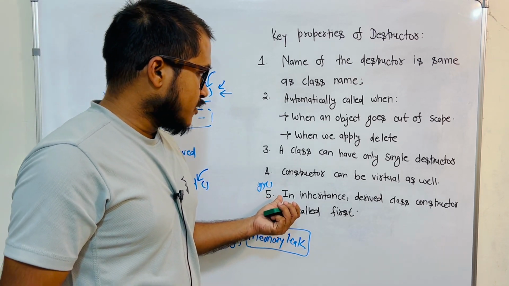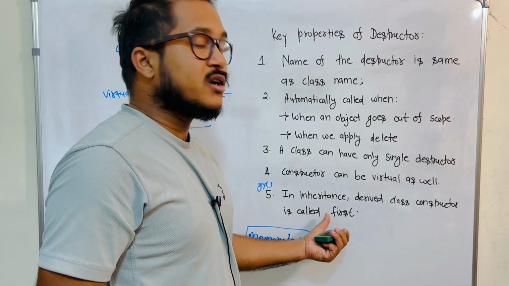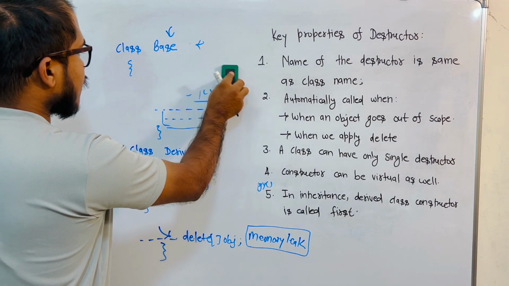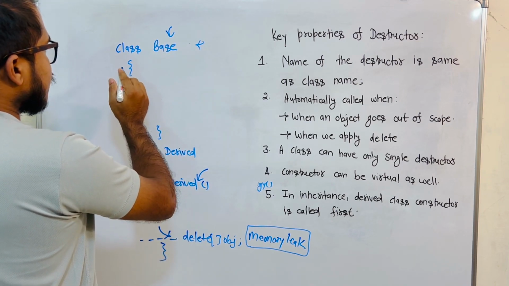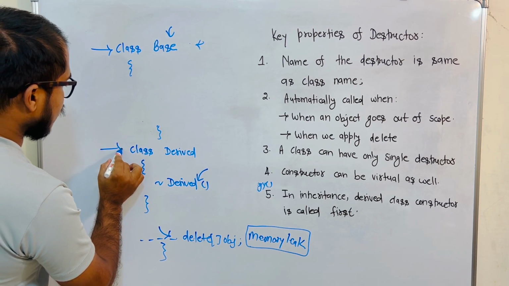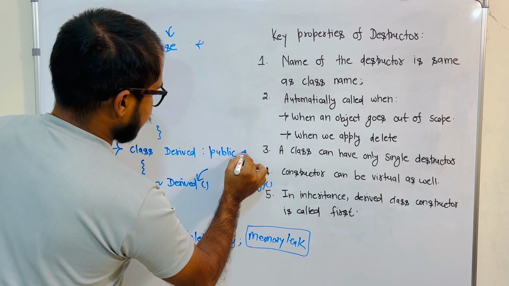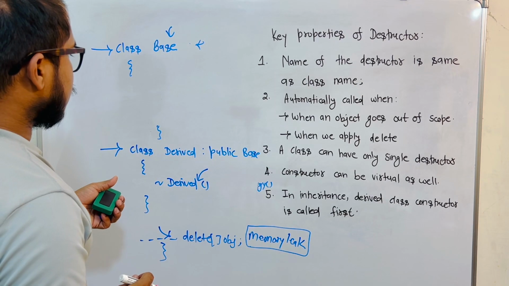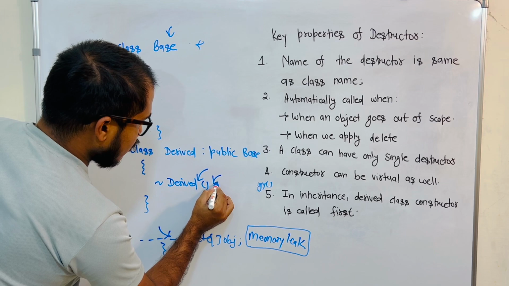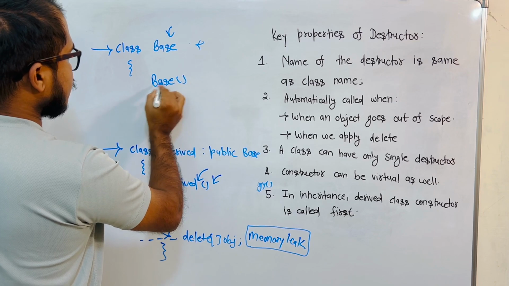Now if I talk about the fifth property, then in inheritance, the derived class destructor is called first. So let's say I have simple inheritance. Then in that case, if this base class contains the destructor and this derived class also contains the destructor, then at the time of object deletion, the derived class destructor will get called first, and then the destructor of the base class will get called.